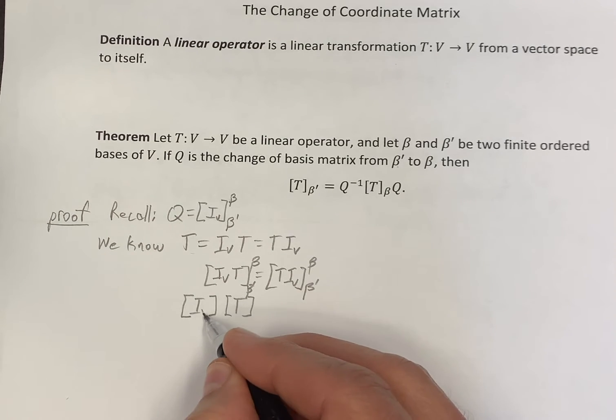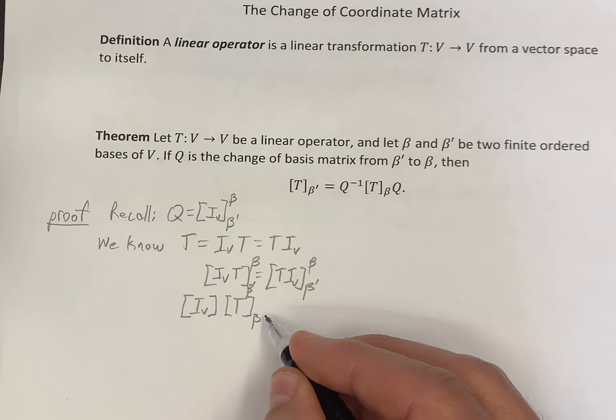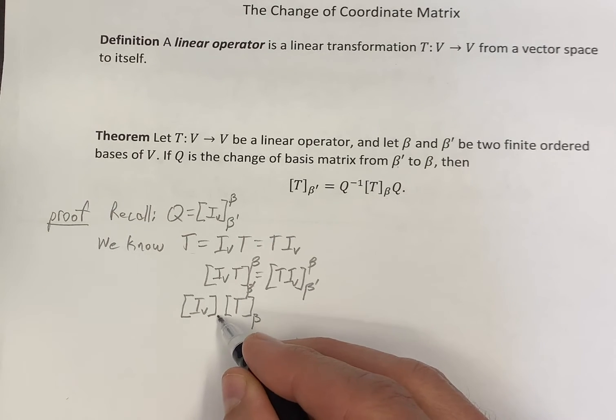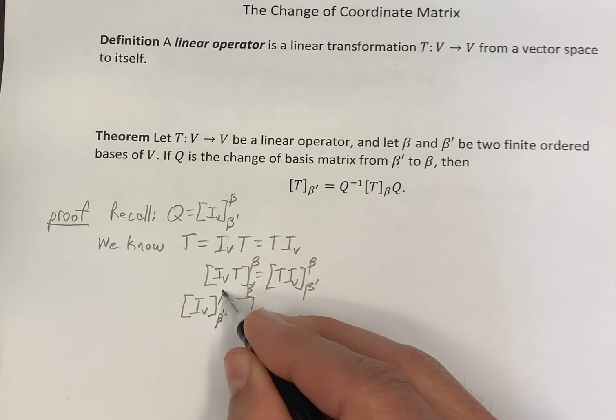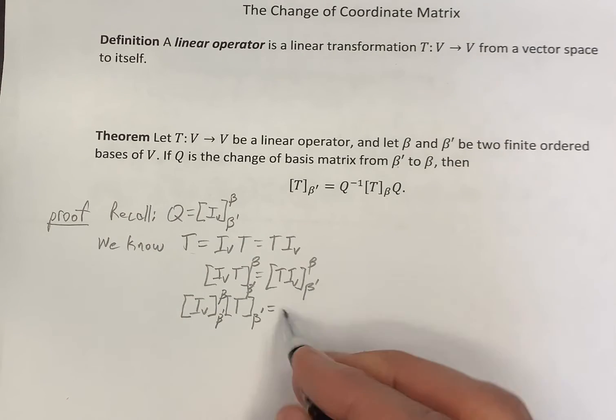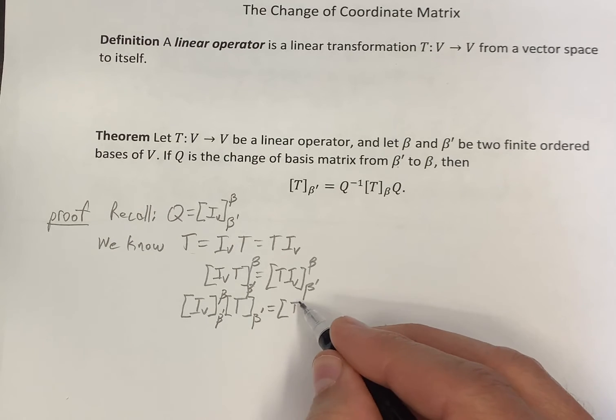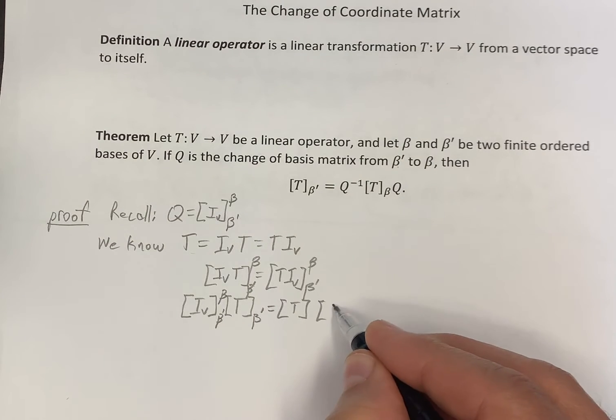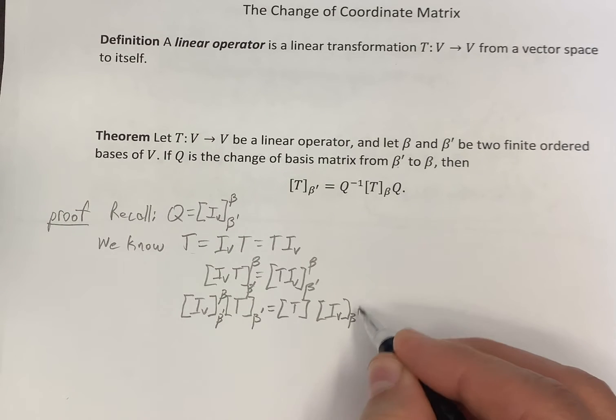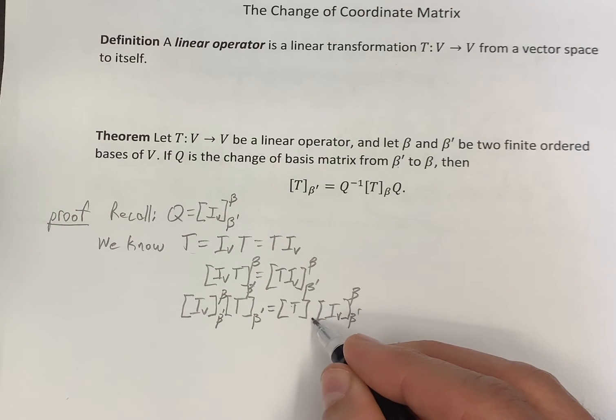So let's see, if we start in beta prime and then go from beta prime to beta, that's the same thing as having the identity on V going from beta prime to beta, and then T in terms of beta.